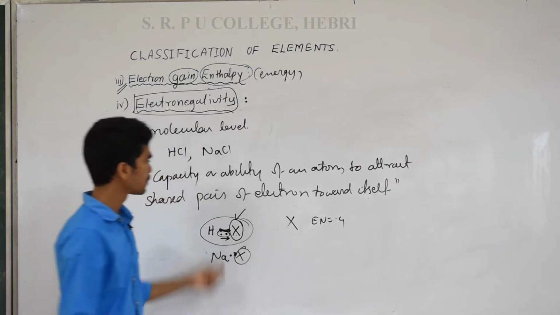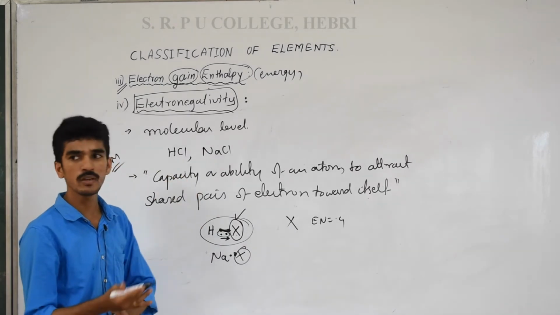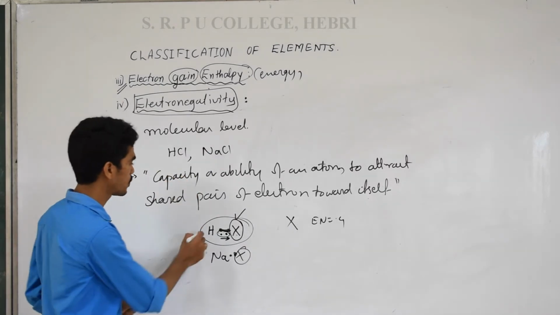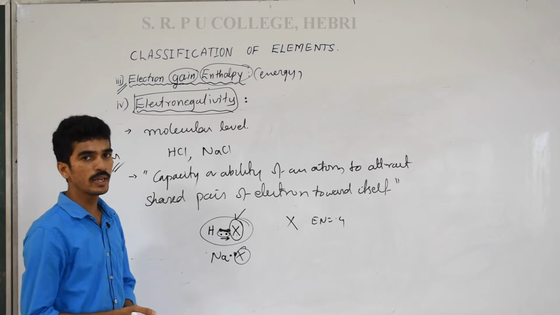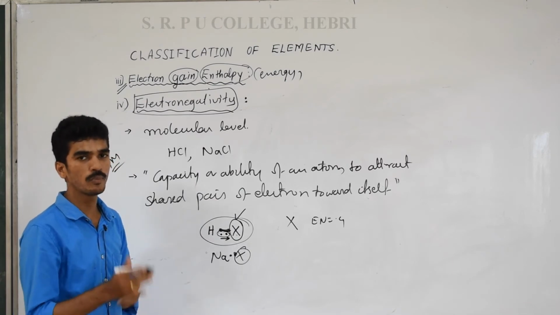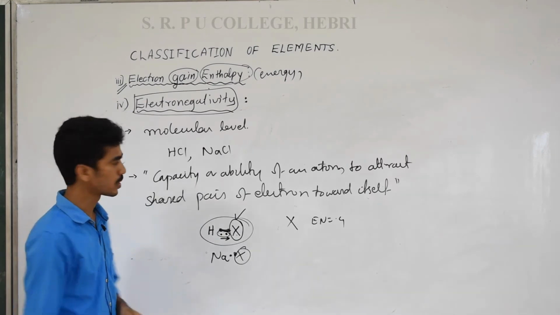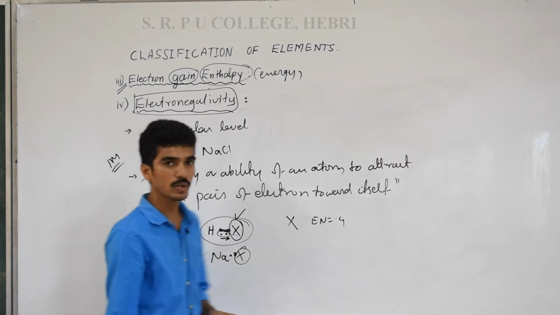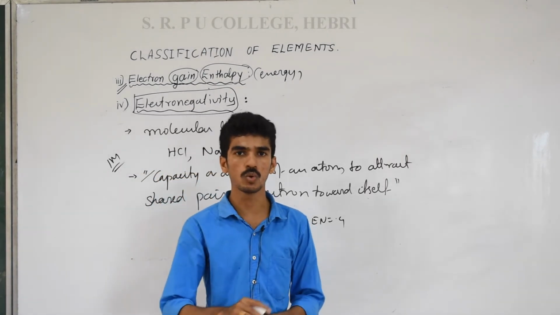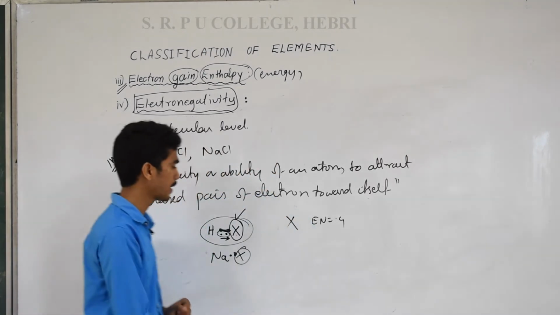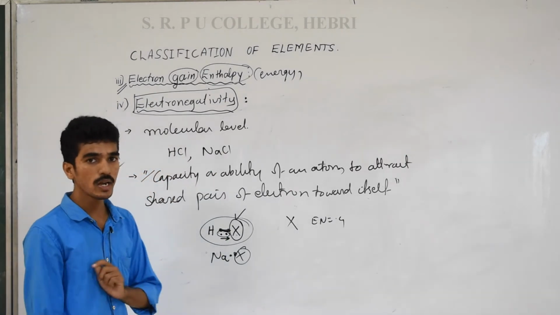So electronegativity varies, and it is present only in a bonded atom. It exists only where there is a bond, and that is electronegativity. Here also, see how electronegativity varies across the period as well as down the group.